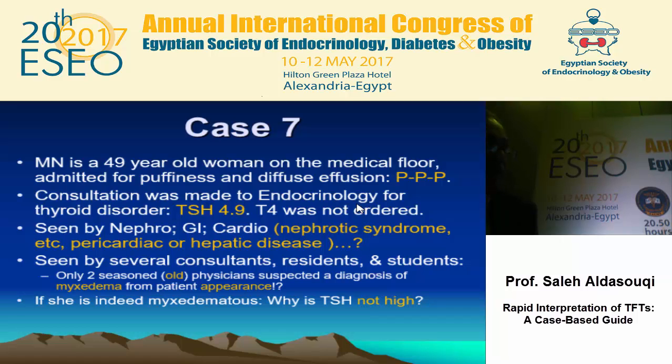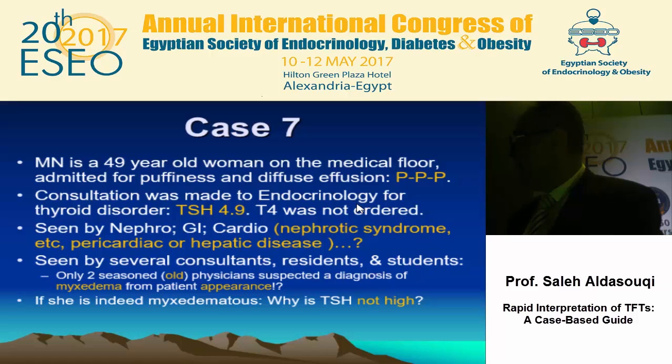And so the folks in internal medicine consulted us after they had consulted nephrology, gastroenterology, cardiology, etc., because they thought she had nephrotic syndrome, cardiac or hepatic disease, and they consulted us because they were not sure, does she have a thyroid problem or not? Because look at this, TSH was only 4.9.